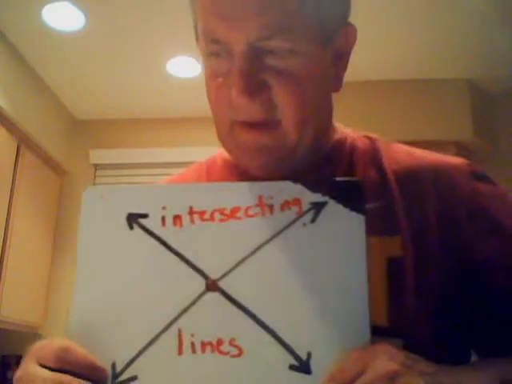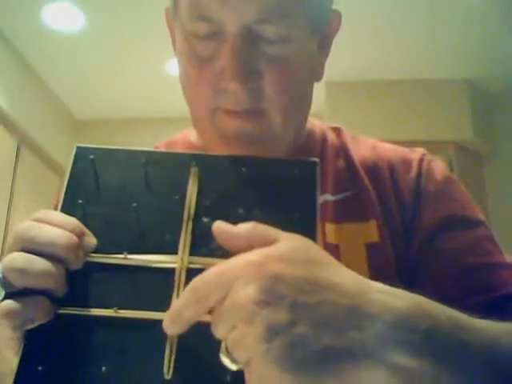So let's say that you're walking down 15th Street and you're going to make a right on Mesa Street and come up Mesa Street. Mesa, 15th Street, and 16th Street cross. And they cross at the intersection.